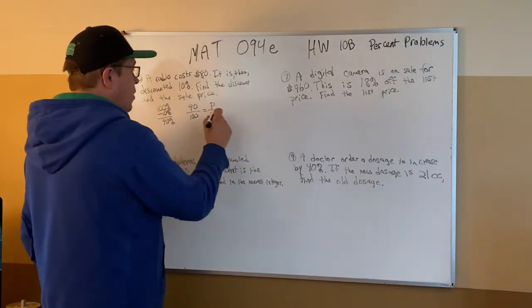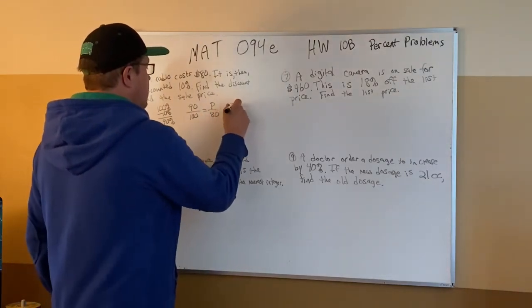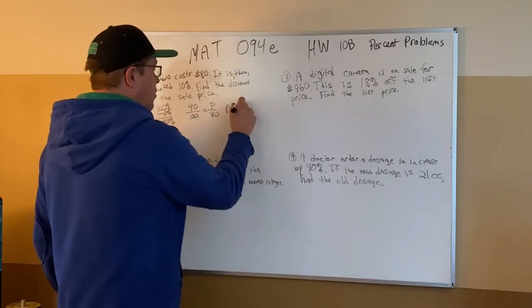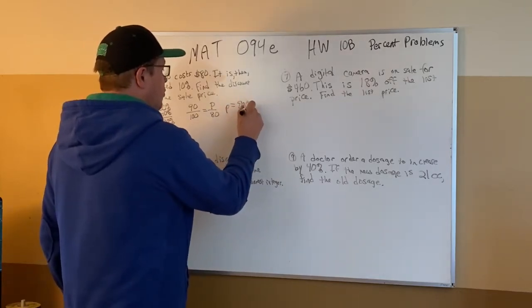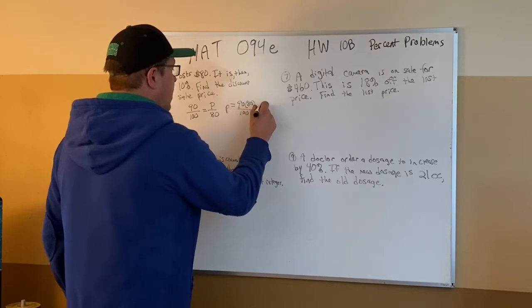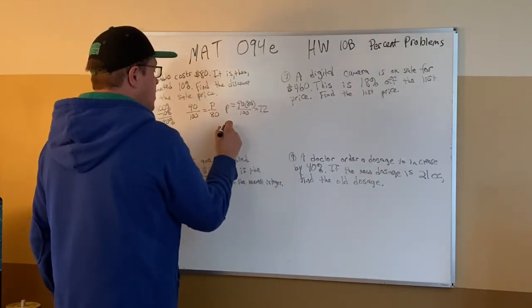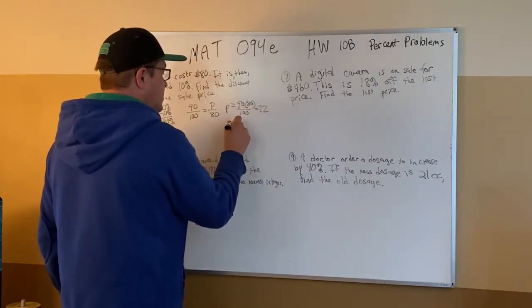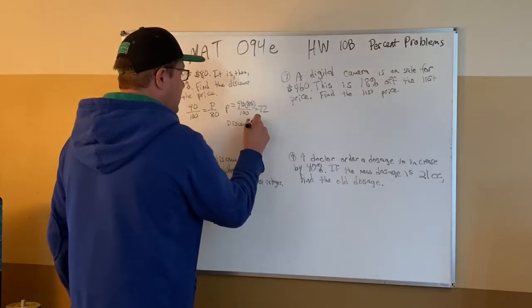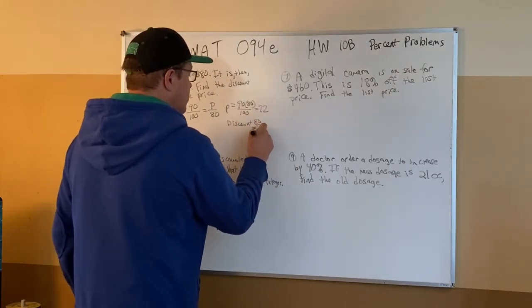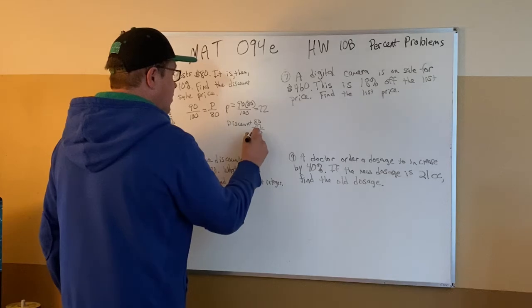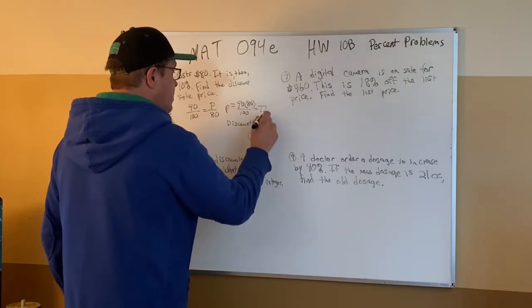And therefore here we're going to find out that P is going to divide by 100. We're going to go 90 times 80, those two on top of the 100, and that'll give us 72. How much is the discount? Discount, we take the old 80 minus 72, and we get $8 off. So those are the two things that we need.